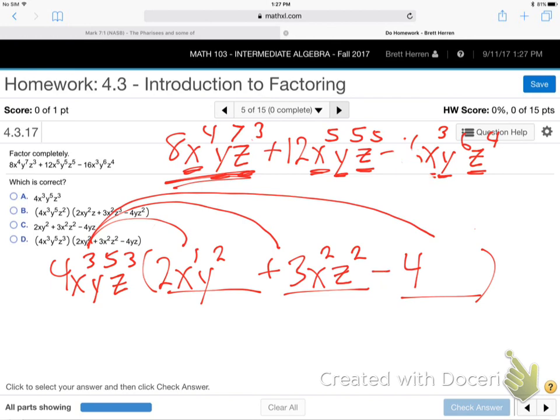Better fix that. And 16. Don't need any x's. y to the first, or just y, and z to the first, or just z. And there we go. Everything good on that? No questions? All is well?